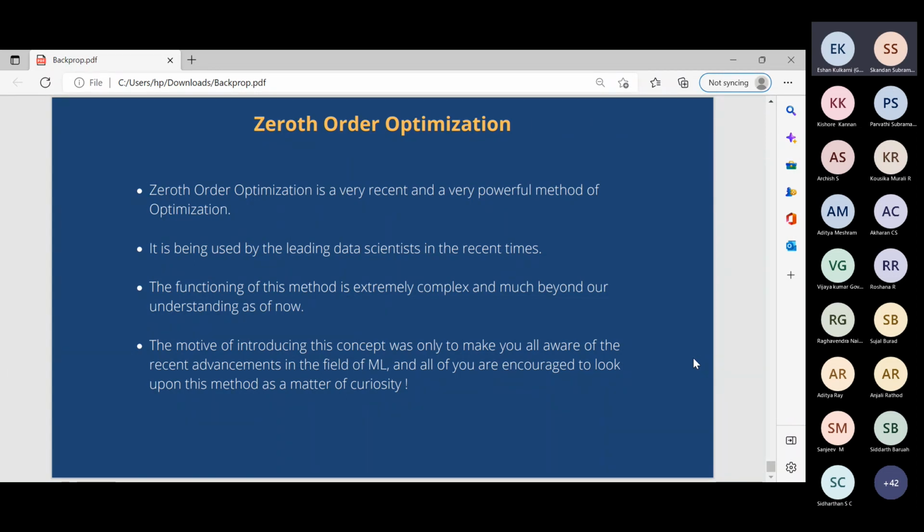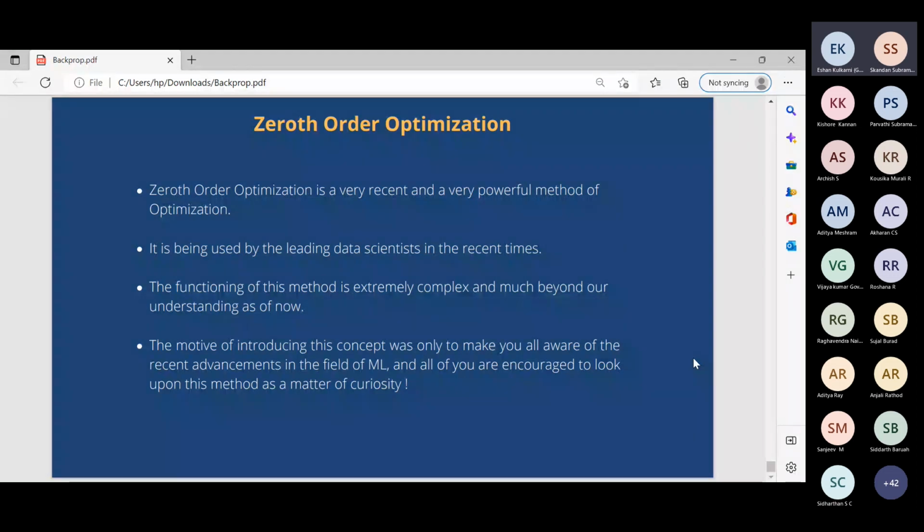As far as my knowledge goes, zeroth order optimization is a very recent and very powerful method of optimization, and it is being used by leading data scientists and leading data science firms in recent times. The functioning of this method is extremely complex and mathematical and is beyond our understanding as of now. But this slide was just to give you an idea that something like zeroth order optimization exists.